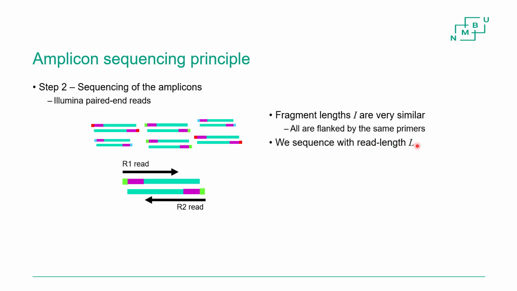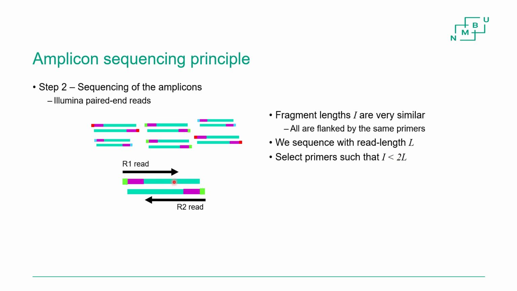So we sequence with read length capital L, and we always design our primer such that the length of the region that we amplify is less than 2 times the read length. So let's say we have read lengths of 300 bases. That's common for amplicon sequencing. Then this amplicon should be shorter than 600, 2 times L. And it should actually be quite much shorter too.